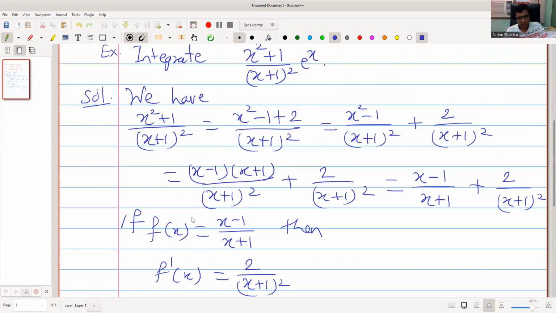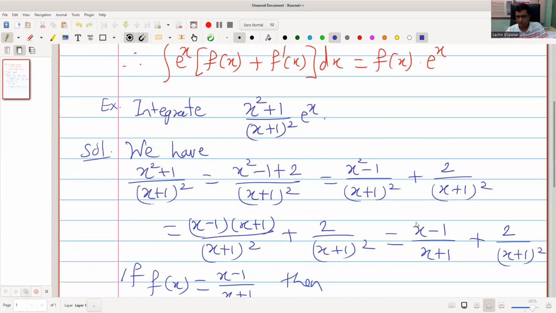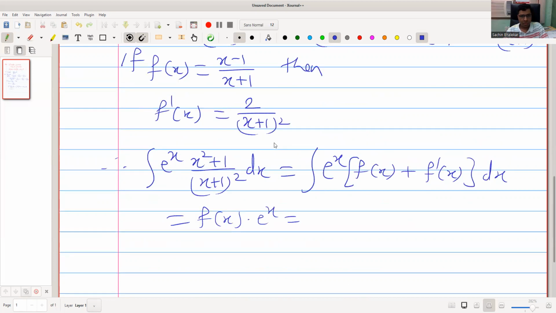And by this note, the answer is simply the product of f of x and e raised to x. So the answer is x minus 1 divided by x plus 1 into e raised to x. Okay.